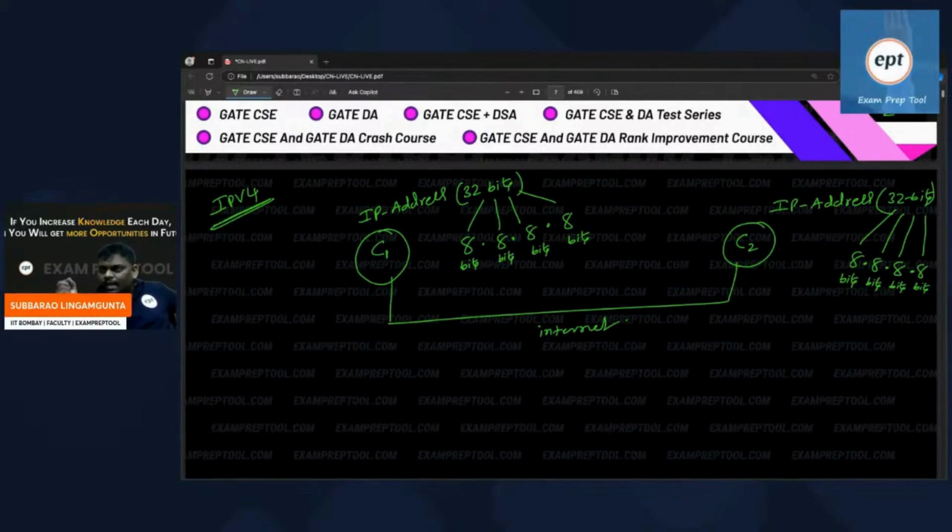On the NIC, the network interface card, that number will be written. That is a physical number, which is also called the MAC address, also called the physical address.